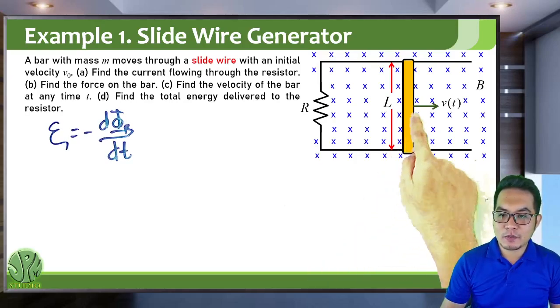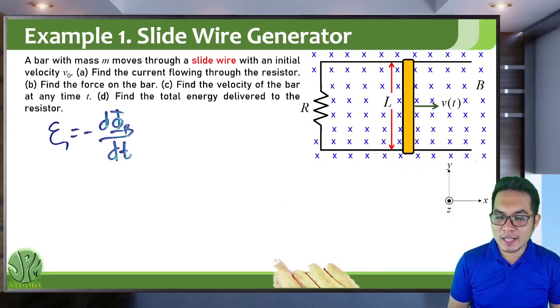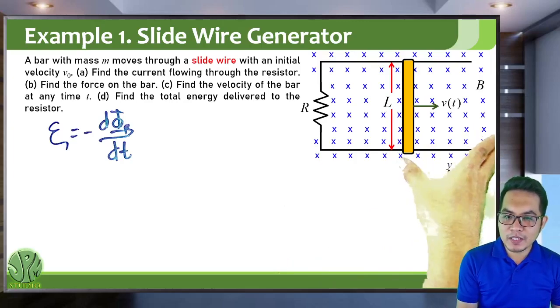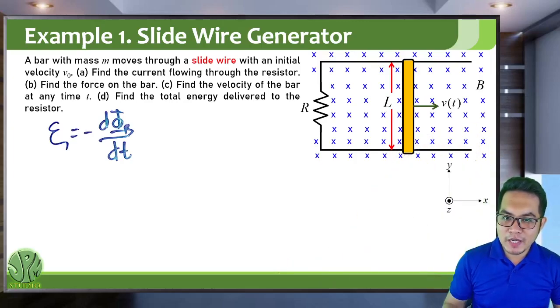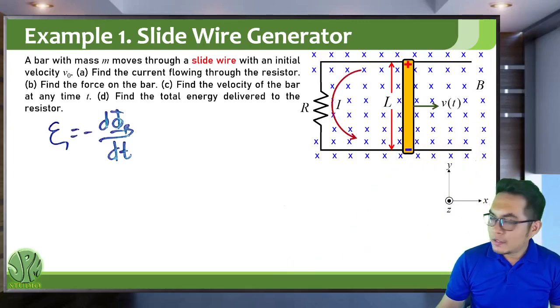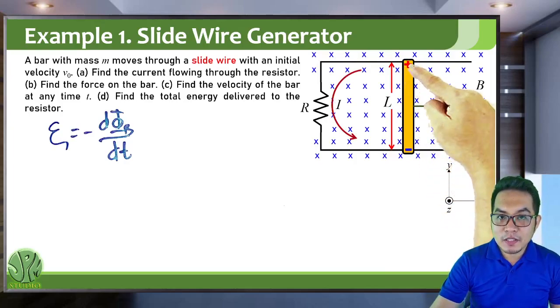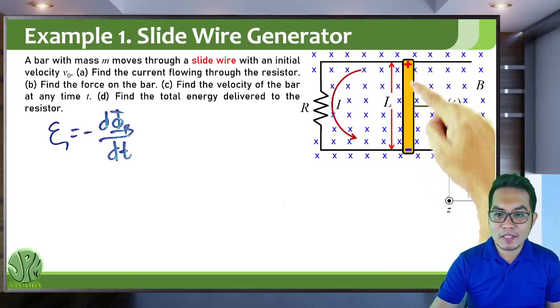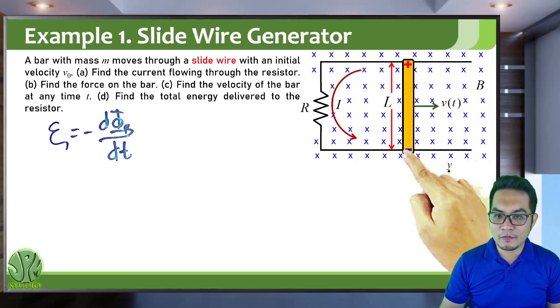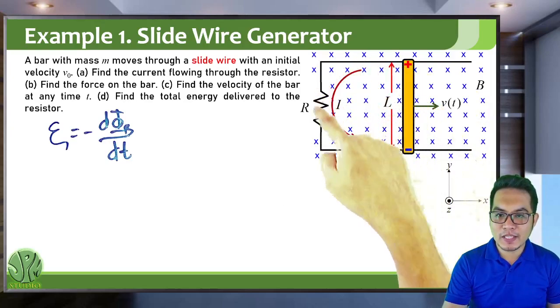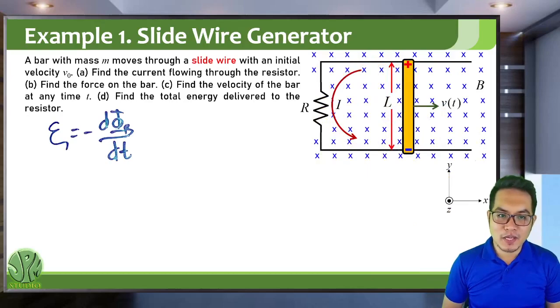The velocity is to the right, along the positive x-axis. So you have V cross B, meaning the upper part of the bar will become positive and the lower part will become negative, meaning the current will flow in the circuit in a counterclockwise manner.